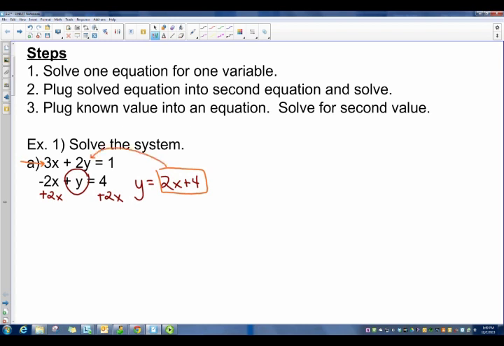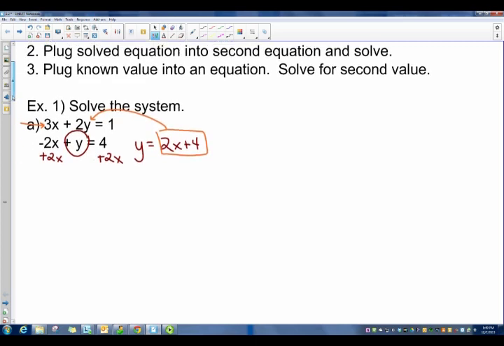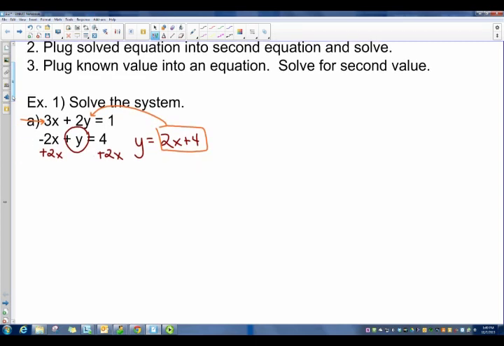So what you end up getting is 3x plus 2y, and now our new y is 2x plus 4, equals 1. What I want you to notice is how many variables are left in my equation: I only have an x left. If I had substituted it into the x in the last equation, which is incorrect, you would have ended up with an x and a y, which basically tells you that you did something incorrect.